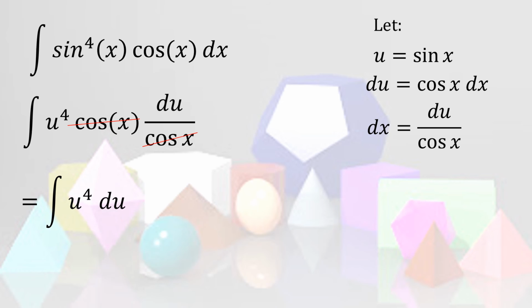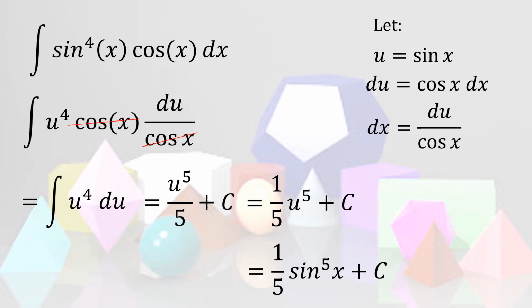And we are going to integrate u to the fourth, which is equal to u to the fifth over 5 plus c. From here, we can simplify it. It will be equal to 1/5 u to the fifth plus c. And for the final answer, we are going to substitute the value for u, which is equal to sine x. So the final answer would be 1/5 sine to the fifth x plus c.